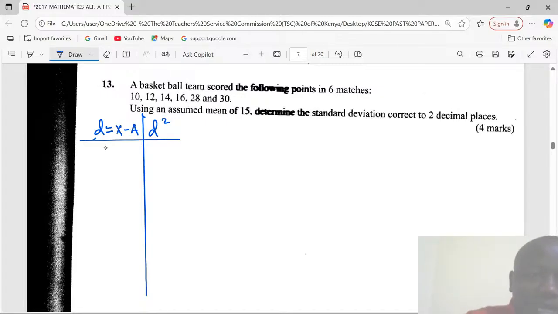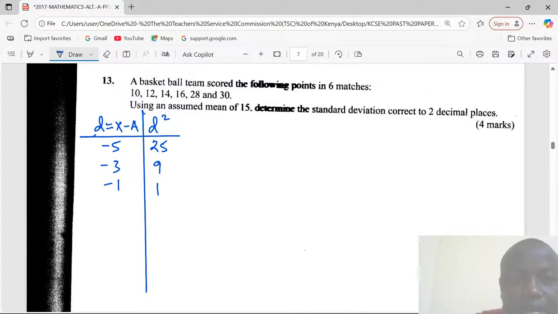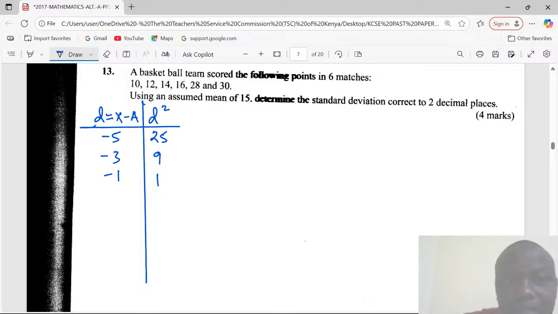I'm using a calculator. Minus 5. When we square, 25. 12 minus 15, negative 3. When we square, 9. 14 minus 15 gives us negative 1. When we square, positive 1. Then 16 minus 15 gives us 1.